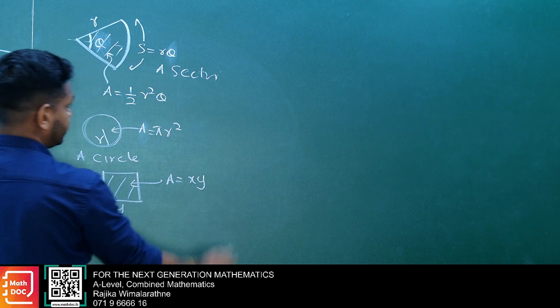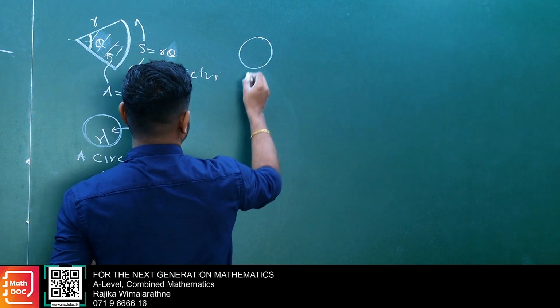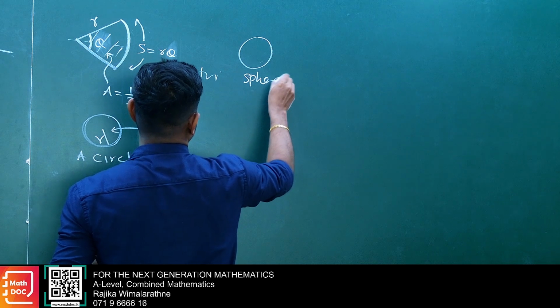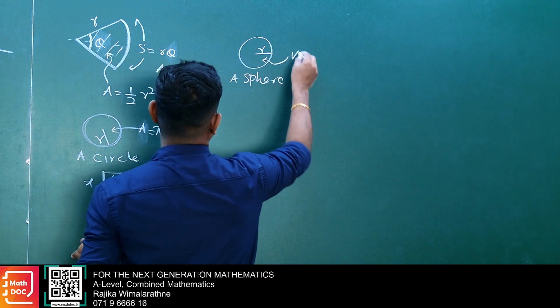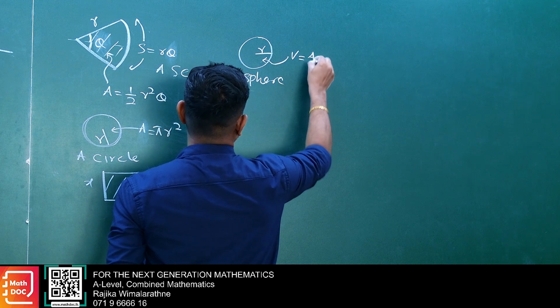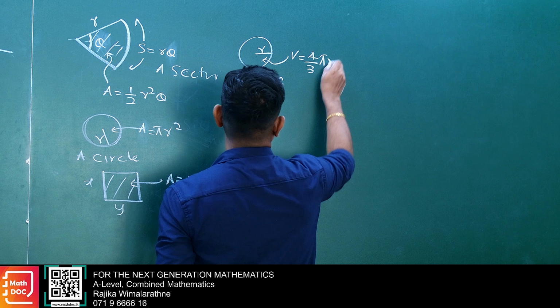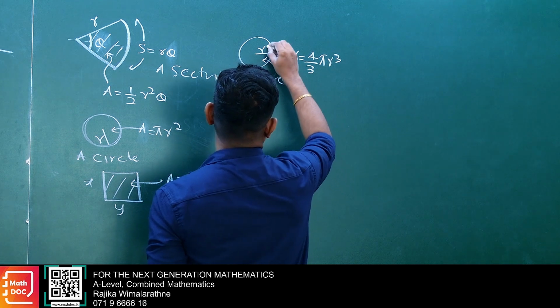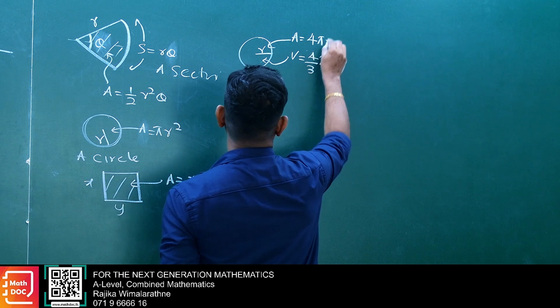These are general things. Now consider a sphere of radius r, then the volume is 4/3 pi r cubed, and the surface area is 4 pi r squared. You have to remember this.